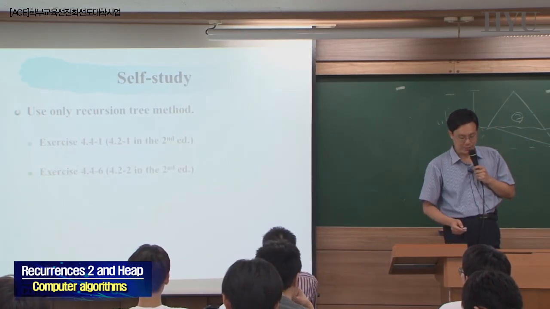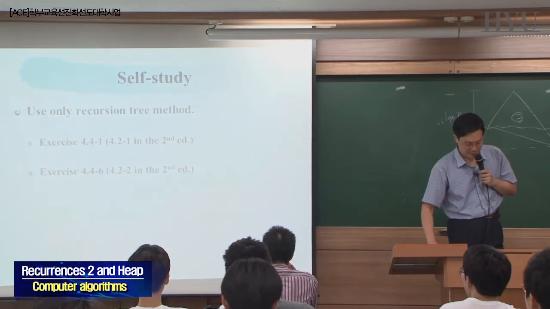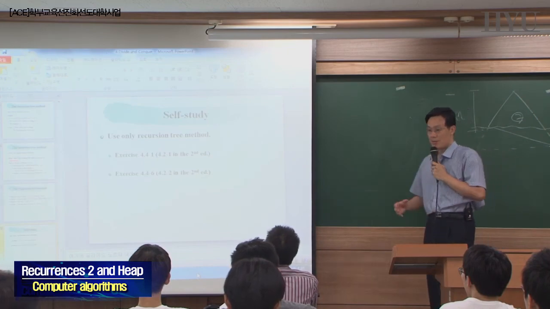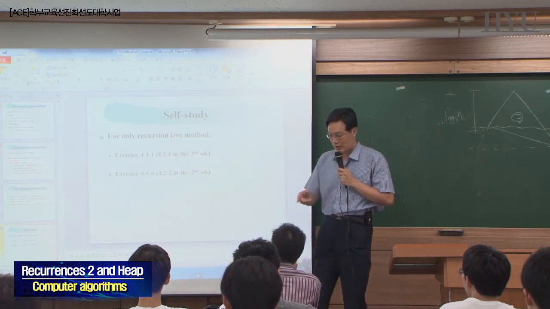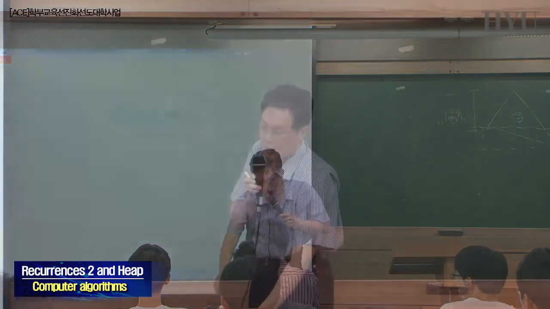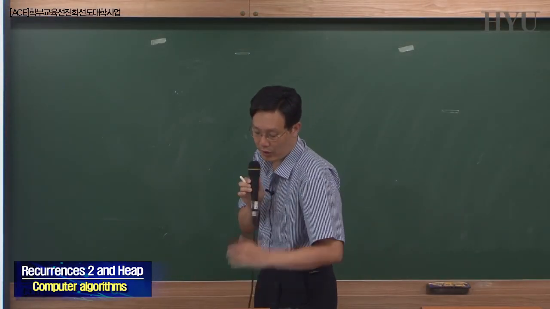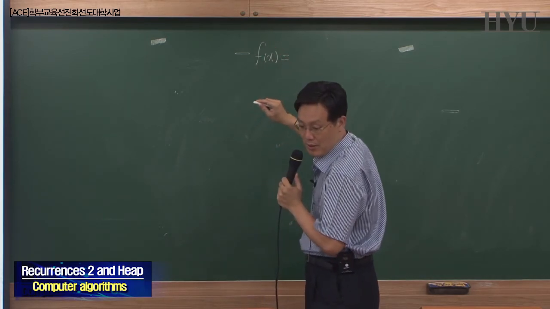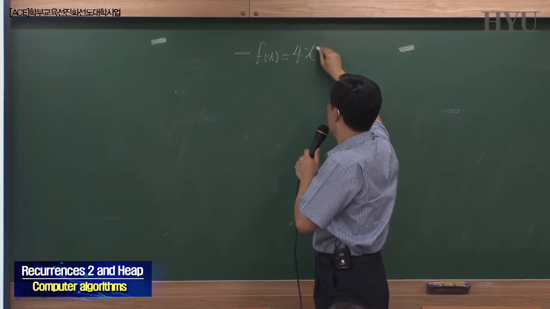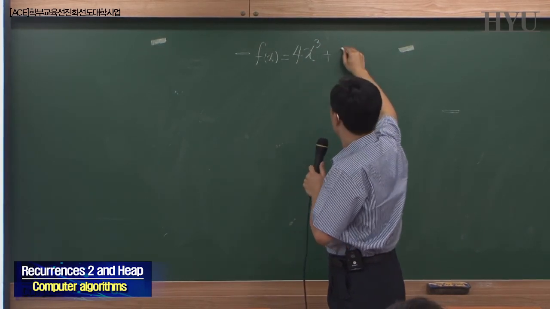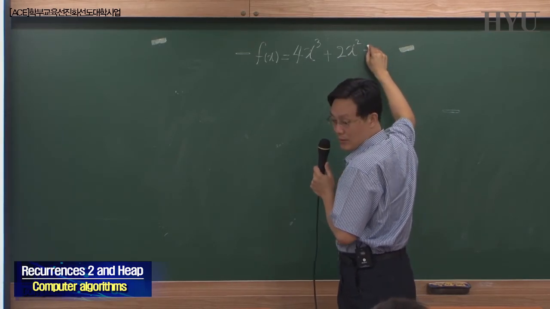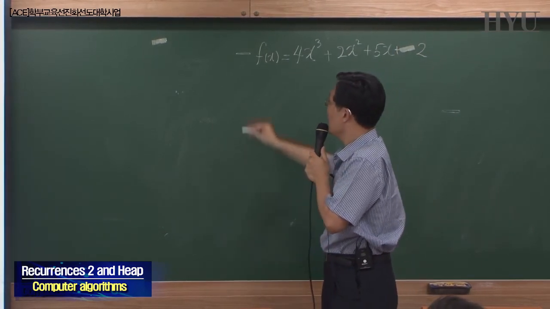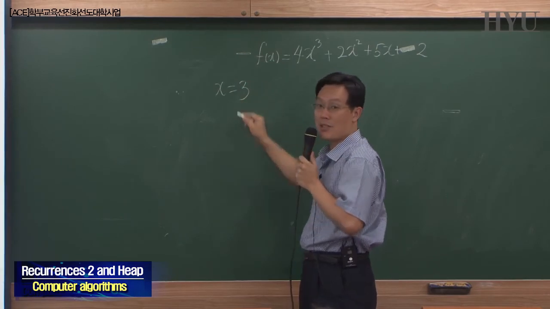Okay, there are some self-study topics. And now I'll explain some problems in your review. Let me see. In your review 2, number 4, f(x) is 4x cubed plus 2x squared plus 5x plus 2, and x is 3.